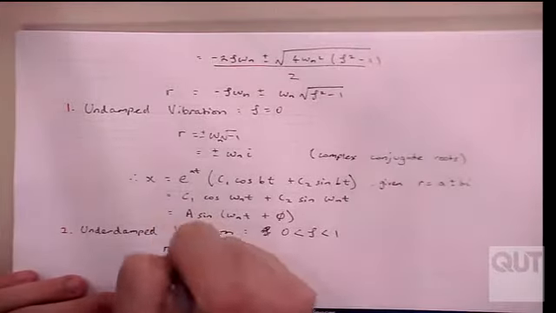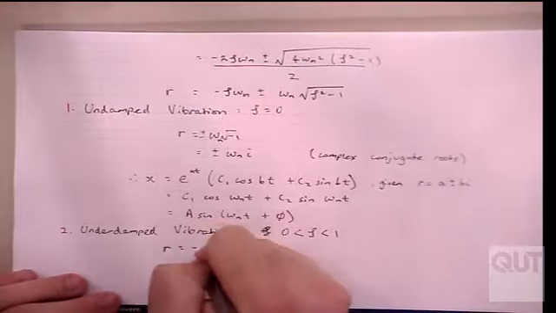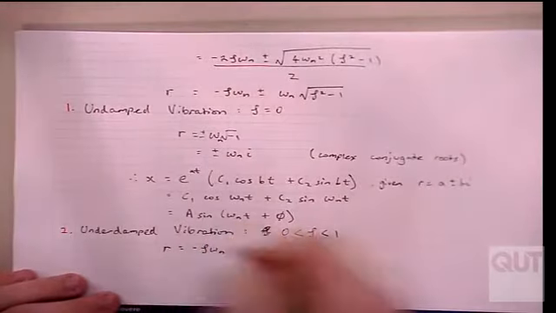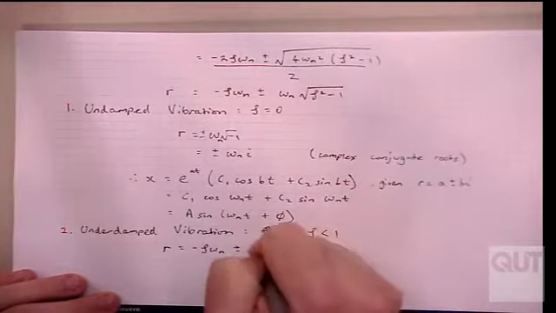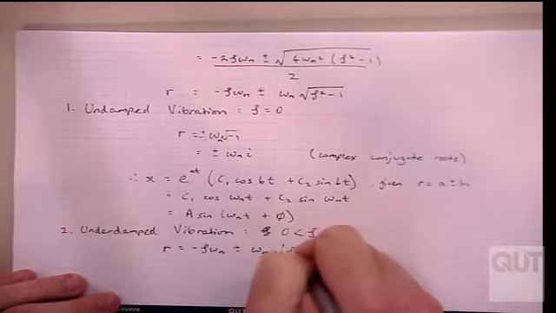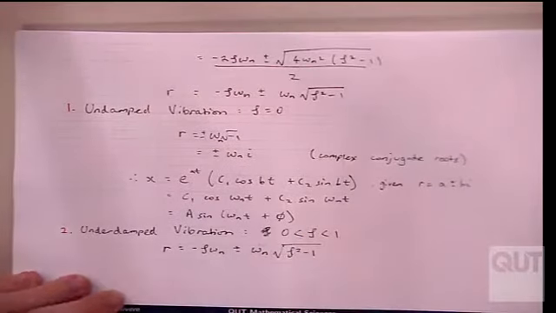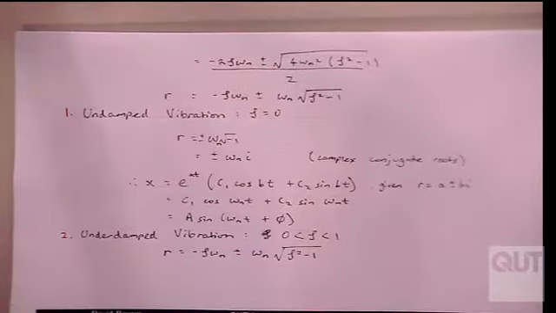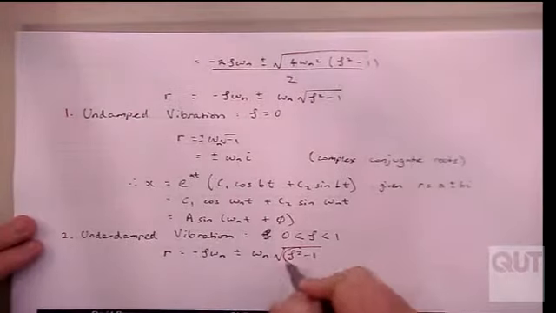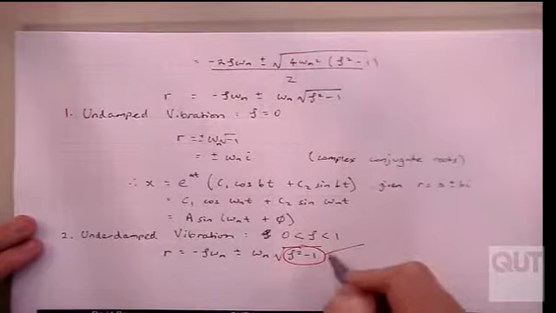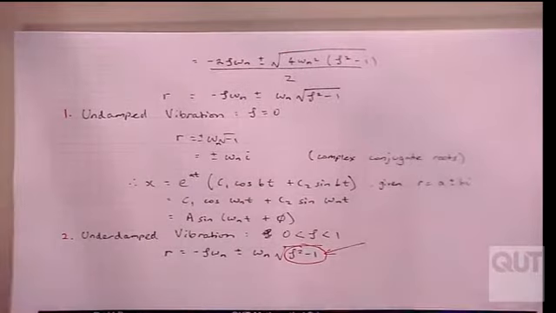So recall that our roots to our characteristic equation look like this. Now to see what type of roots we get, I want to see what sign I get within that square root.